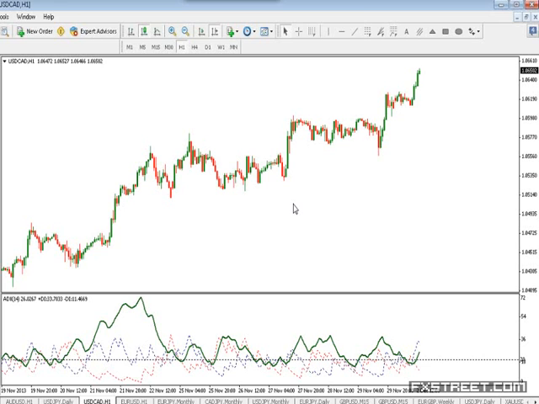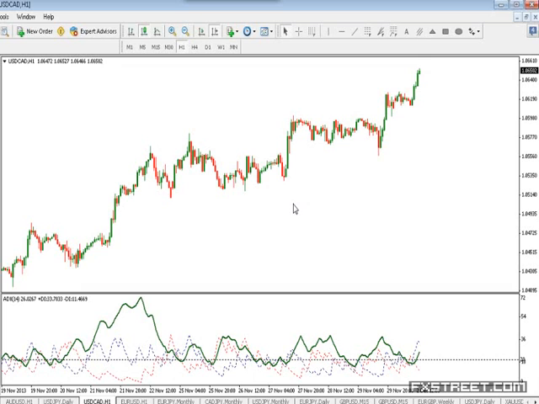When the ADX crosses the blue line over here, you have a look at the red DMI line. If your red DMI line is still continuing down, it means that your existing uptrend is still in place. When the ADX crosses the blue line, if your red DMI has started moving up, it means that price is going into a downtrend.